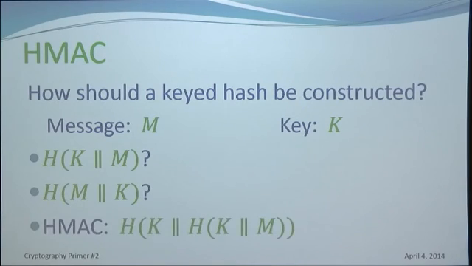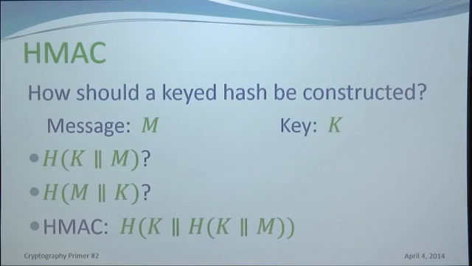What we do is what's called HMAC. This is sort of the standard. And HMAC is a pretty simple thing. It's just an extra layer of hashing. It says hash the key together with the message, and then prepend the key to that and hash that again. Well, that looks like a lot of wasted effort, right? I'm doing 2 hashes when I only need 1.